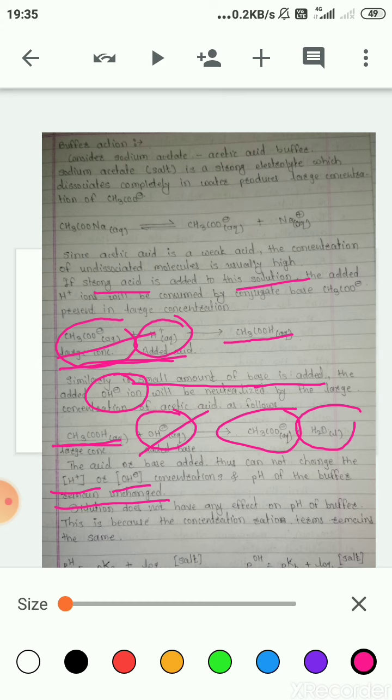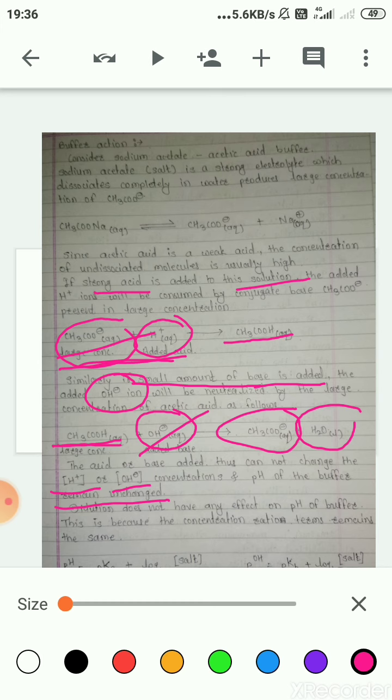Therefore, addition of a little amount of strong acid or strong base does not change the pH of buffer solution. It is applicable for both acidic buffer solution as well as basic buffer solution.